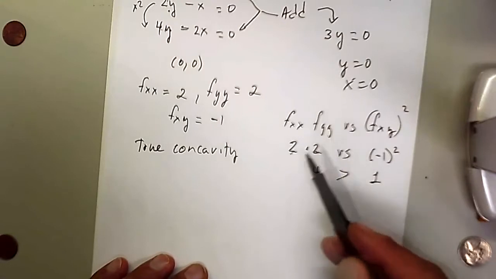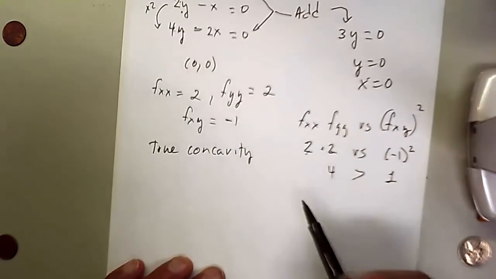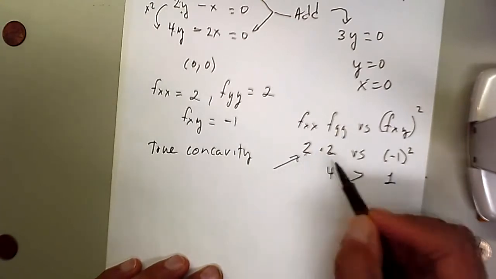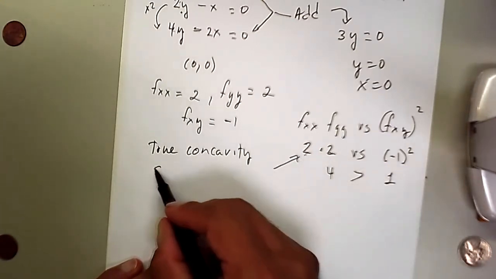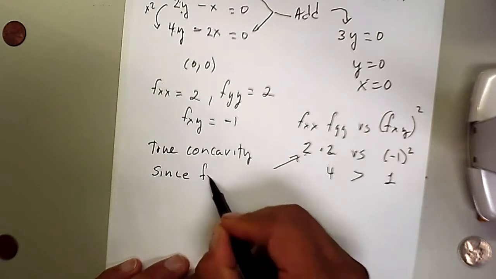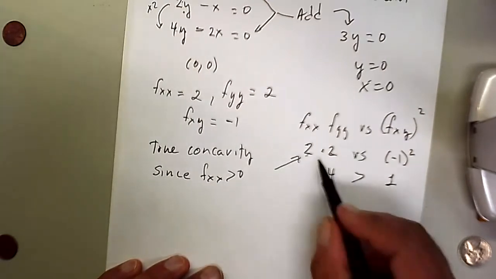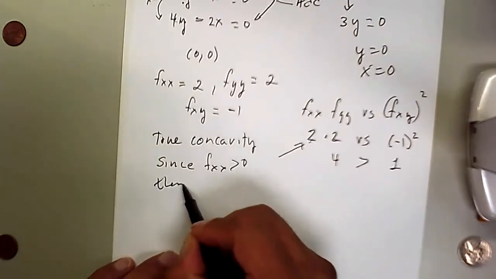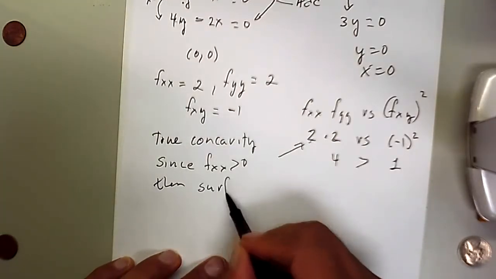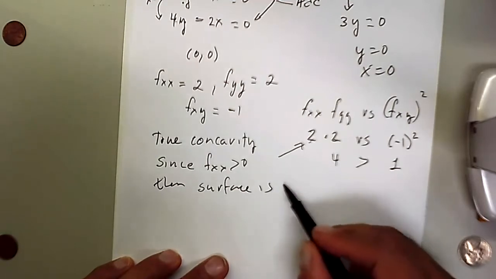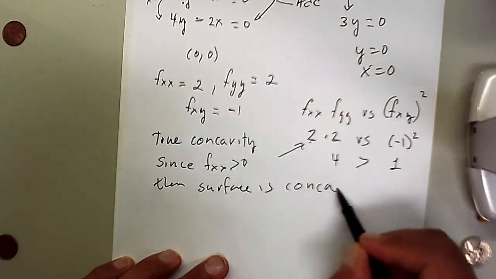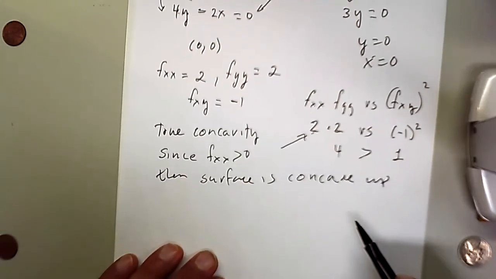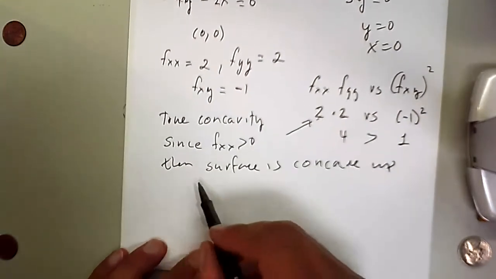So that means that we have concavity up, true concavity. Because those numbers are positive, since f_xx is greater than 0, and so is f_yy, then the surface is concave up. And if we have a surface that is concave up totally, that means that we have a minimum.